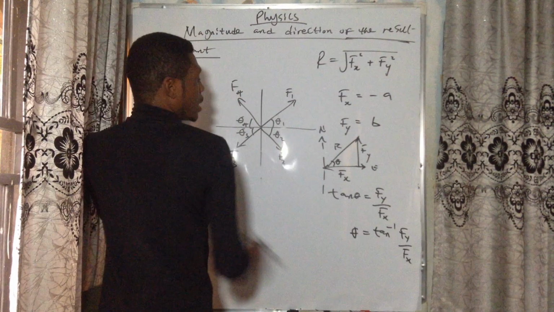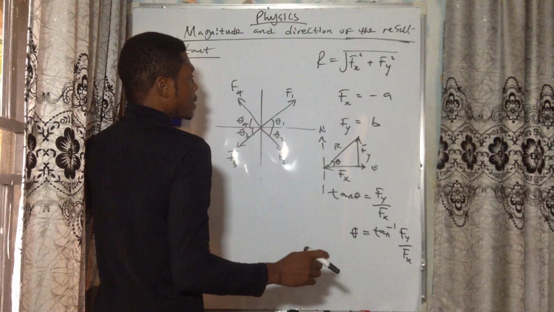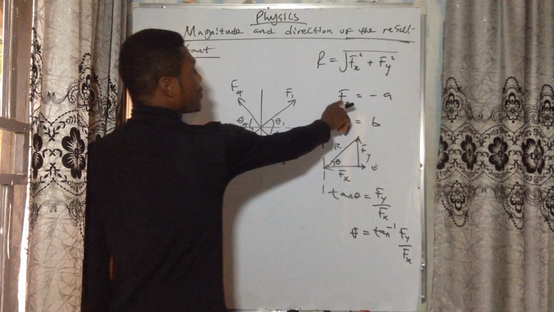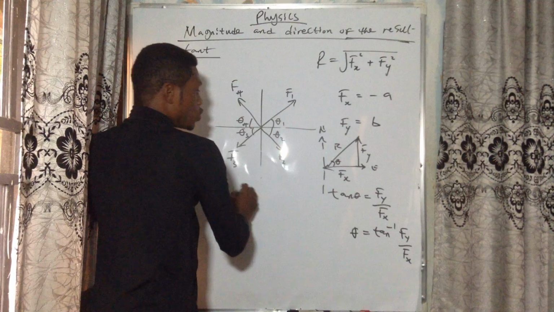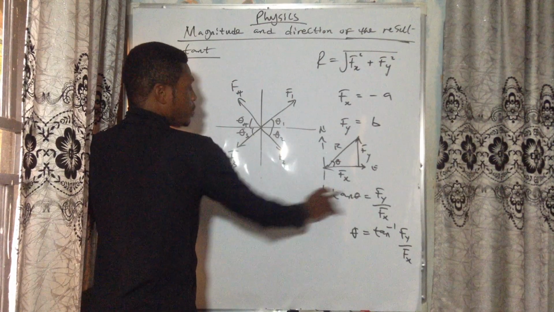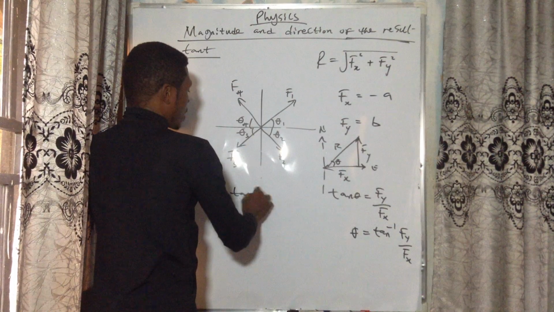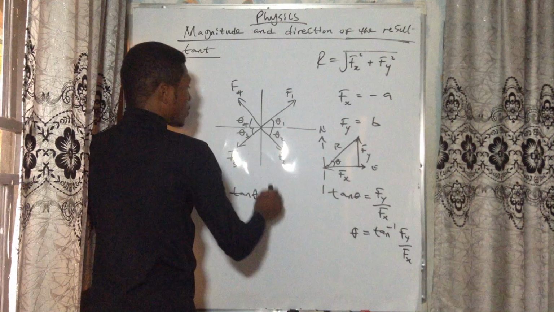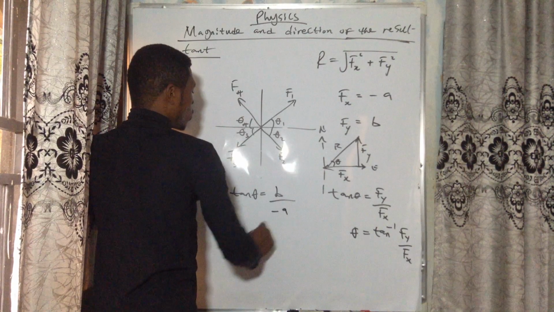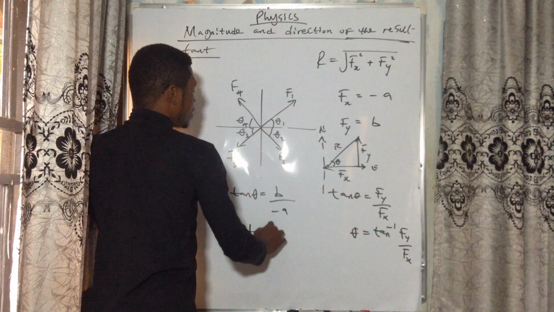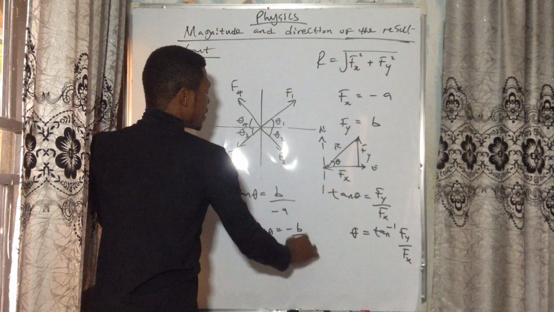Sometimes, remember that Fx is minus a and Fy is b. From the equation tan theta equals Fy over Fx, Fy is b over minus a, so tan theta equals minus b over a.